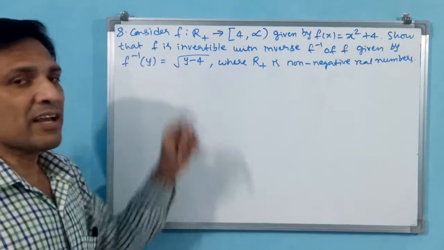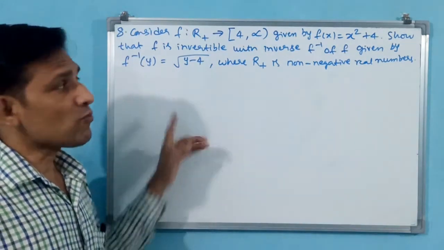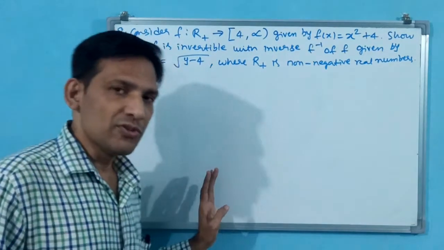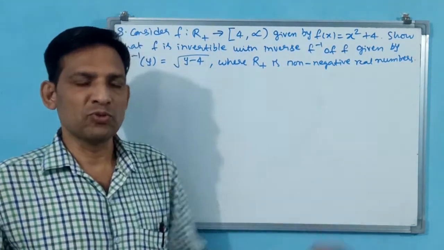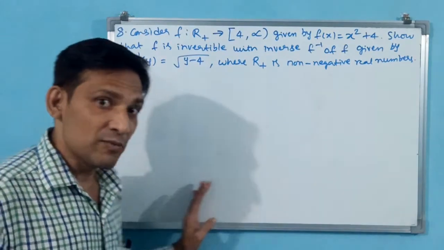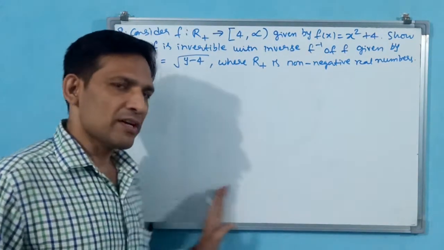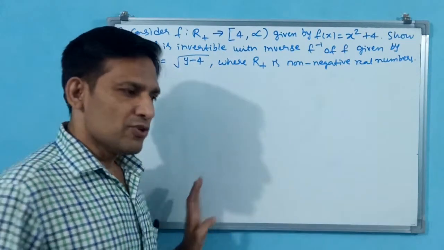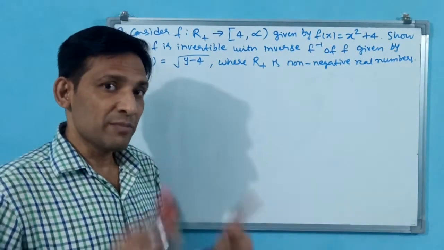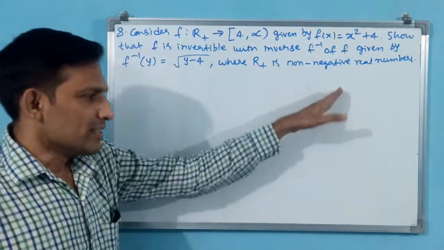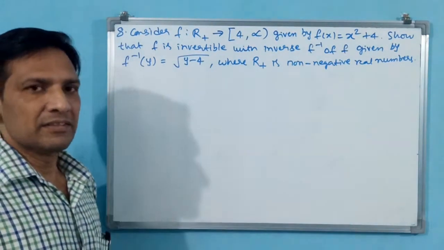But if you observe here, the input we are giving is only positive numbers with 0. Since we are not giving minus numbers at all, positive gives positive and 0 gives 0. That means it is 1-1 only. What about onto? That is also there.